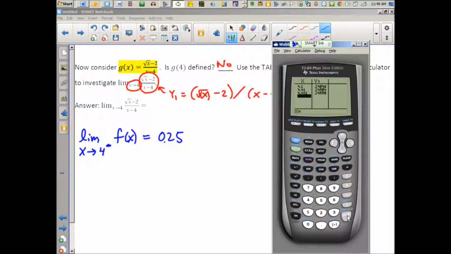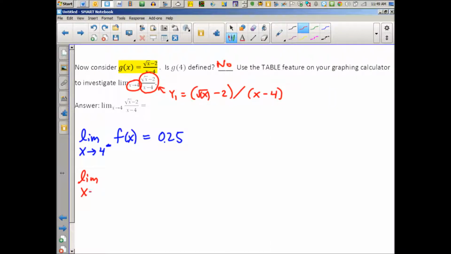I'm getting 0.24846, 0.24984, 0.24998. That's getting very close to what? 0.25. Right. So I'm going to go back here and write that the limit as x approaches 4 from the right also appears to be 0.25.